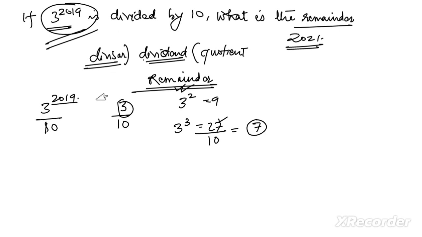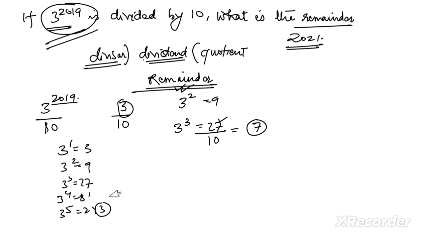So here we have to see the cyclicity of 3, and we know the cyclicity is 4. 3 power 1 is 3, 3 power 2 is 9, 3 power 3 is 27, power 4 is 81, and power 5 is 243. That means it is repeated after 4.